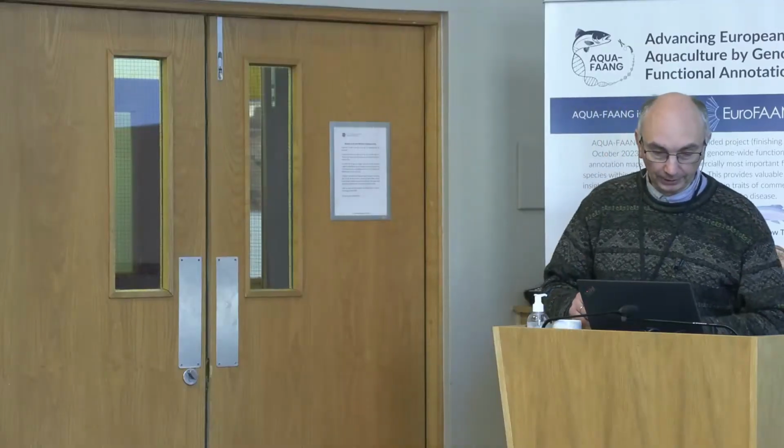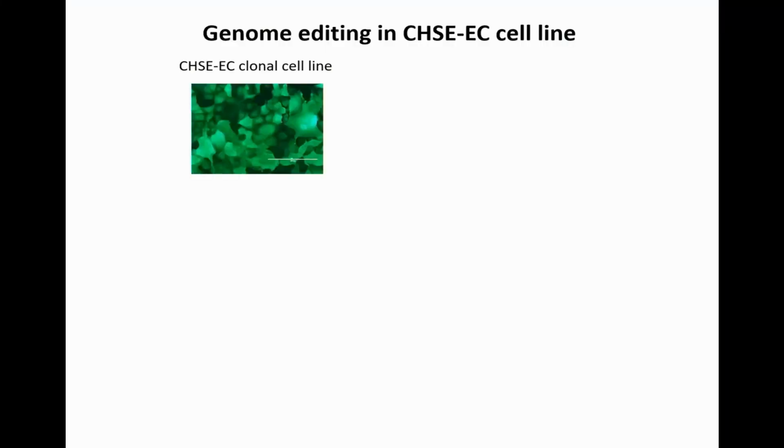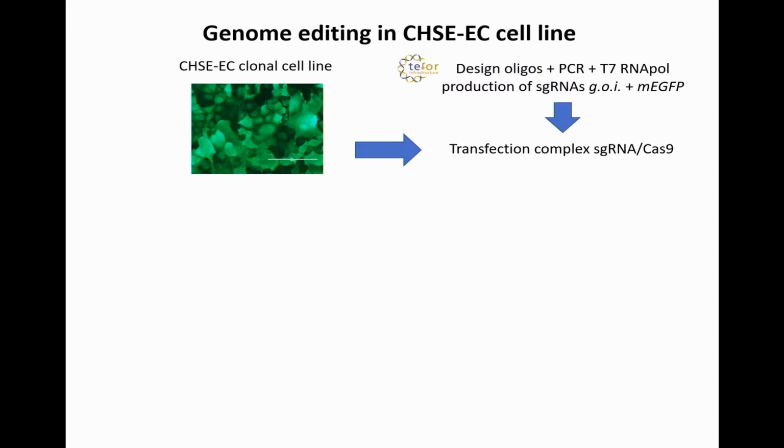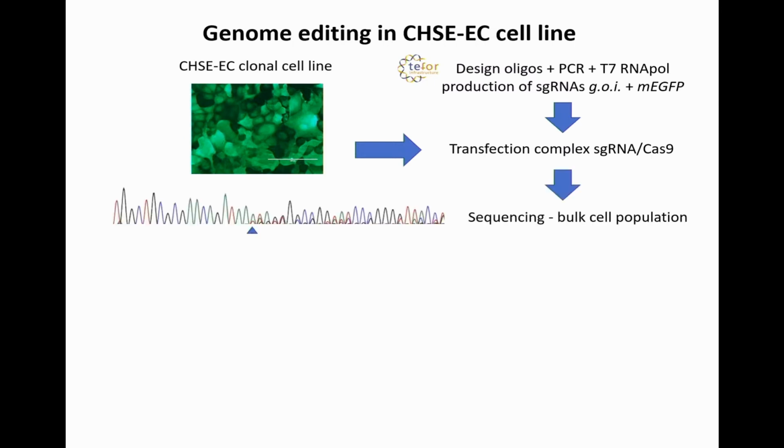So Bertrand finally succeeded to set up a protocol. We have a Chinook salmon line that is permanently expressing GFP. We can transfect guide RNA and Cas9 to make the mutation of the gene of interest and of the GFP at the same time. And we get a bulk population. We can have a first check to verify that the expected site is really mutated in the chromatogram.